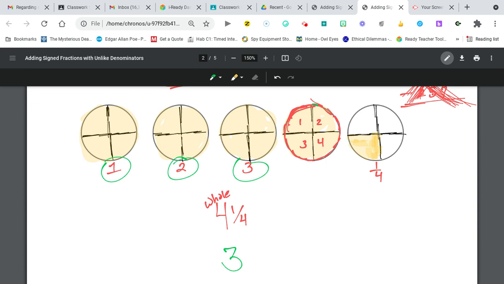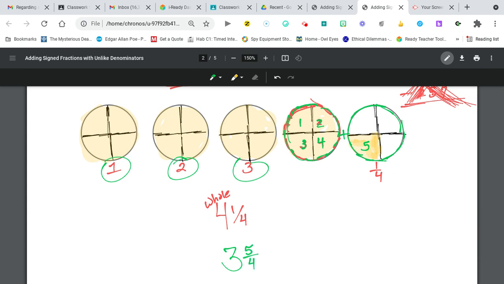That's because this one that I took away, I've decided to add to this piece right here. So now how many fourths do you have in all? Well, you got 1, 2, 3, 4 fourths, the whole thing, plus the 1/4, which makes 5 fourths. Okay?